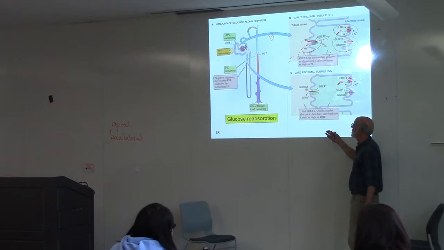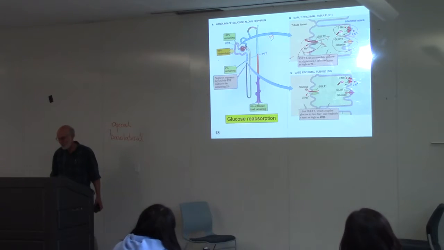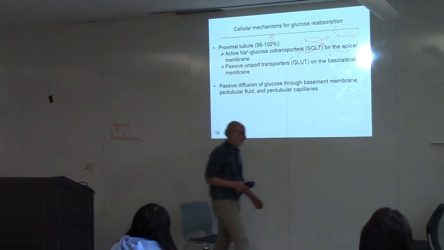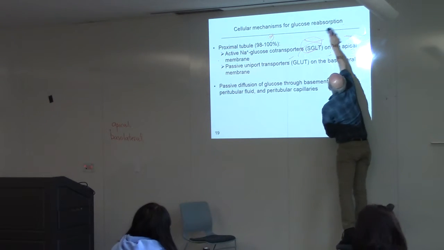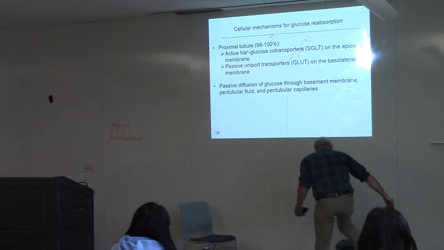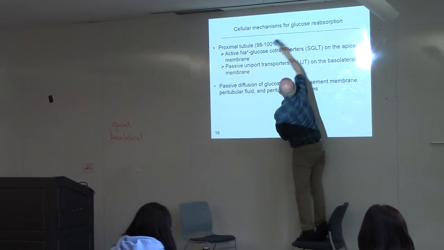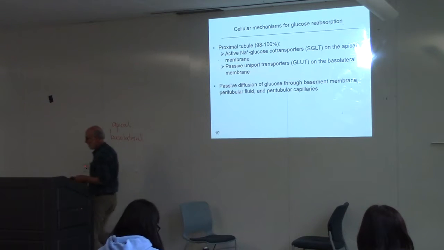If the glucose gets past the proximal tubule, so here's the text version of what the graphic previously showed you.